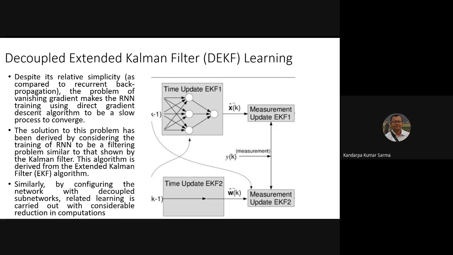Now Kalman filter is a type of filter that has real time behavior. So its real time behavior makes it quite close in response to the RNN structures. Therefore, RNN structures are considered to be constituted by the Kalman filters in the decoupled form. They are trained separately and later on combined together.